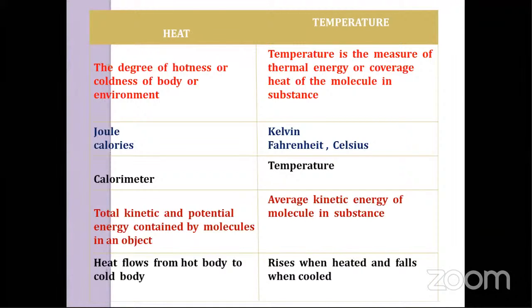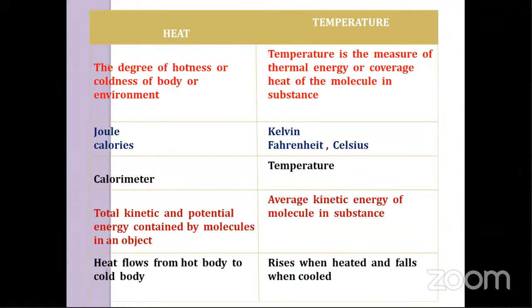Okay. The last point is the flow of heat and the flow of temperature. We all have learned about the flow of heat. That is, heat flows from the hotter object to the colder object. It means that heat flows from a hot body to a cold body. Okay. Temperature rises when heated and falls when cooled.